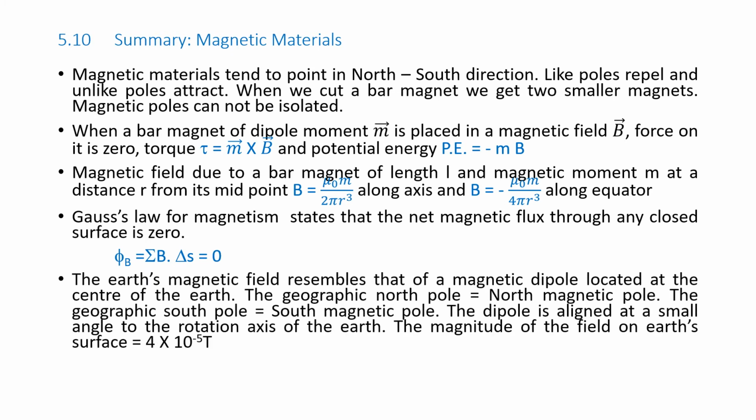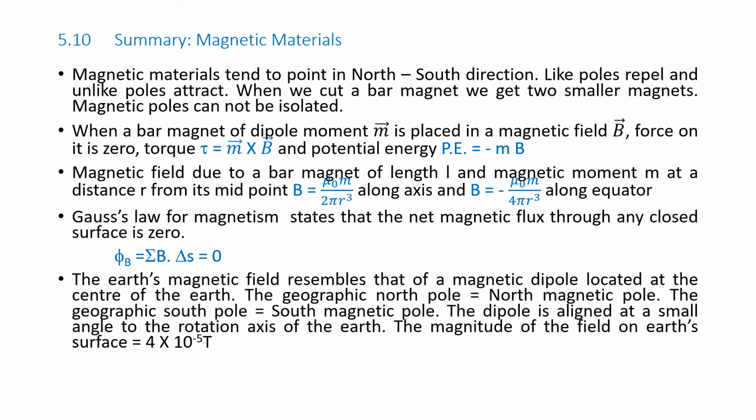The Earth's magnetic field resembles that of a magnetic dipole located at the center of the Earth. The geographic North Pole is roughly equal to the North magnetic pole but slightly deflected. The geographical South Pole is also roughly equal to the South magnetic pole.